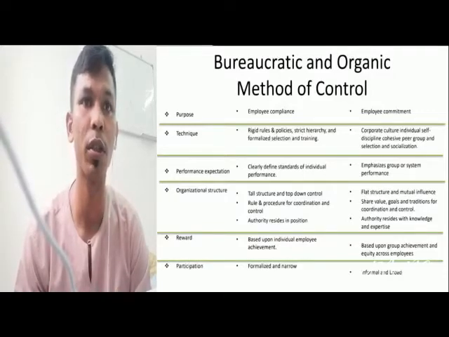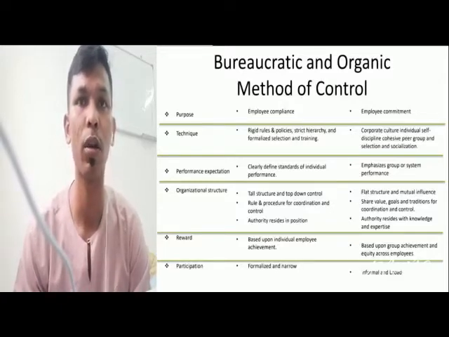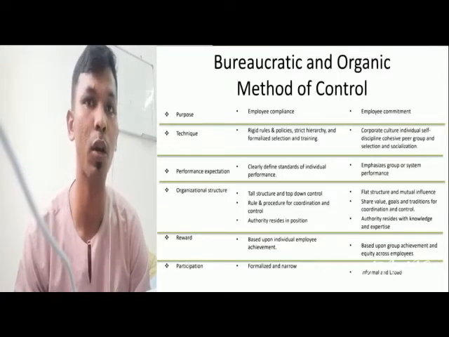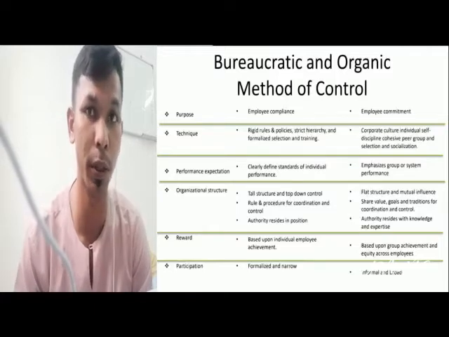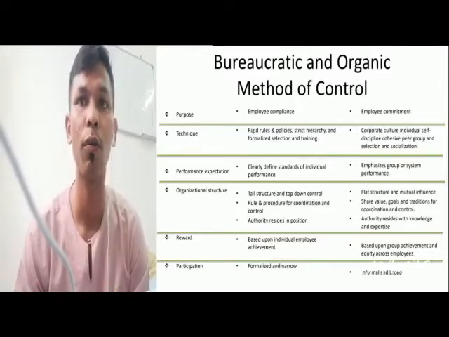For organizational structure: under bureaucratic control, tall structure and top-down control, rules and procedures for coordination and control, authority resides in position. For organic control, flat structure and mutual influence, shared values, goals and tradition for coordination and control, and authority resides with knowledge and expertise.